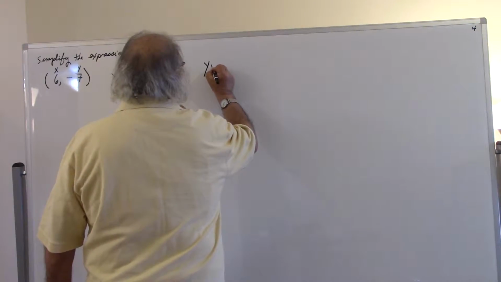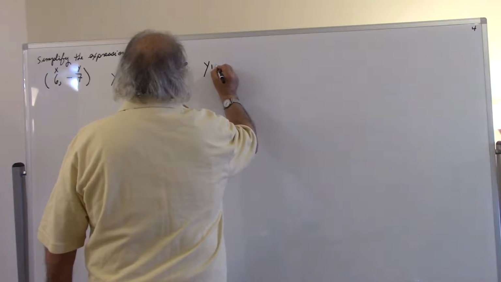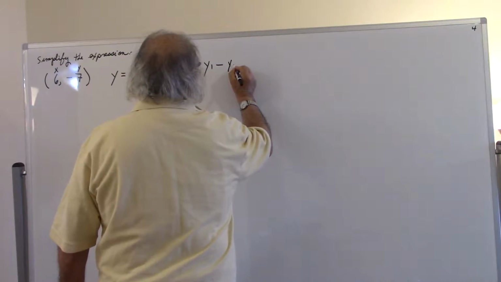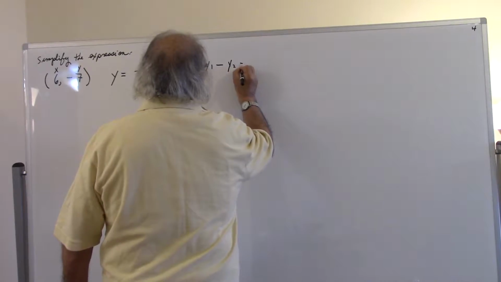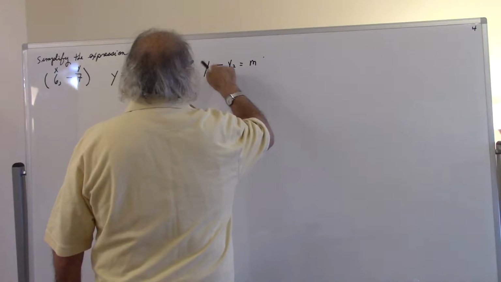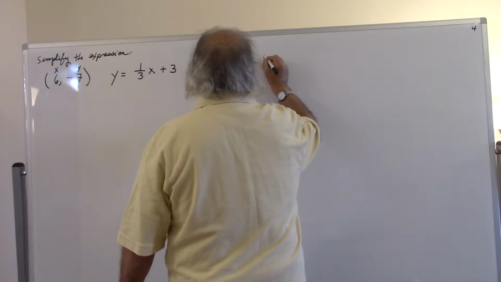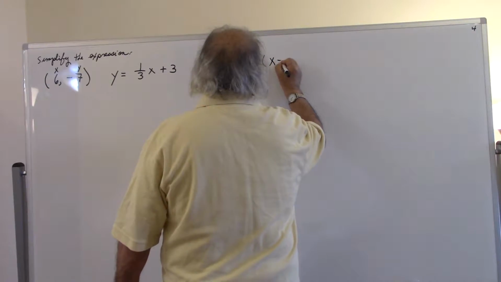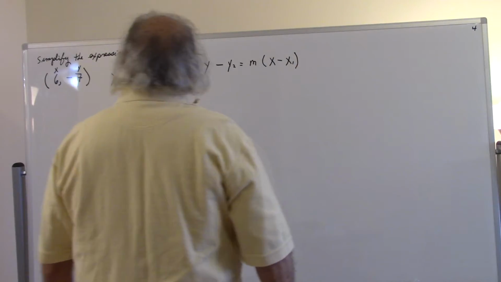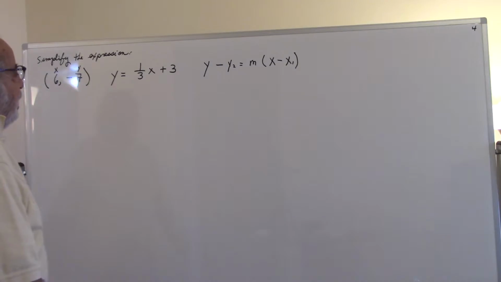Now, the equation is y minus y1 equals m times x minus x1. Now you want to find the slope.